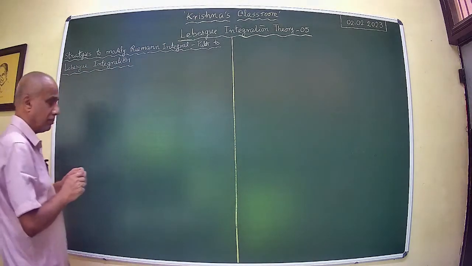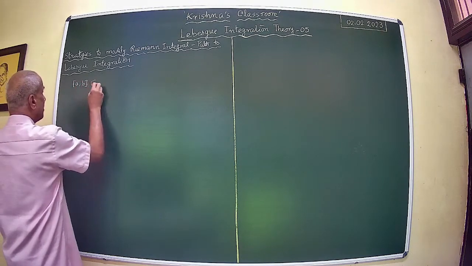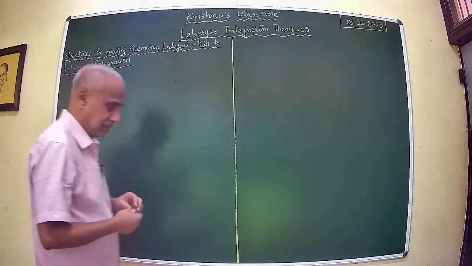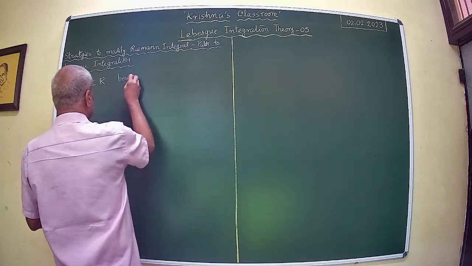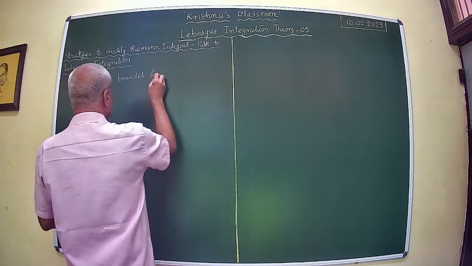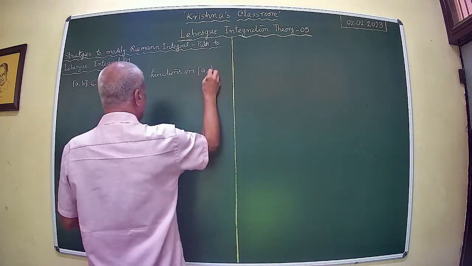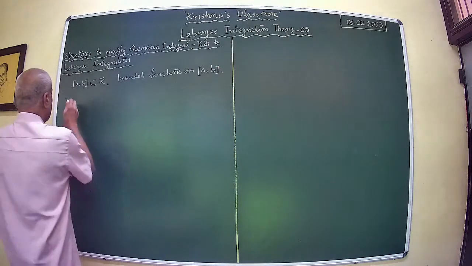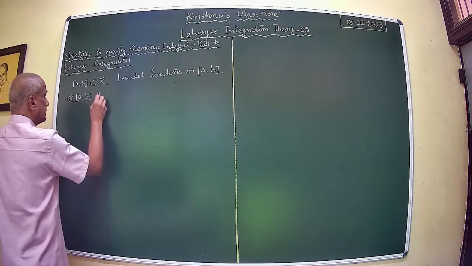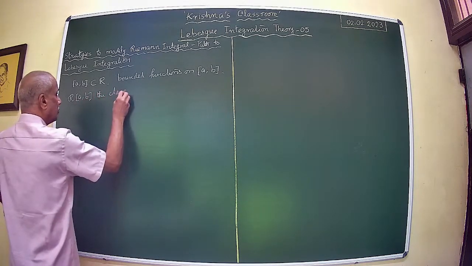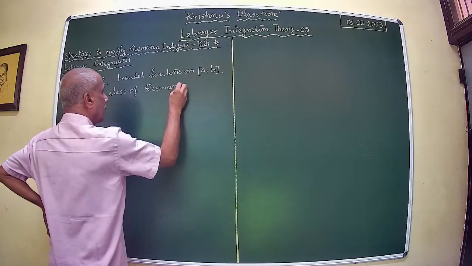So we talk about compact intervals [a, b] in R. Then we talk about what are called bounded functions on [a, b], and then we define what are called the Riemann integrable functions, R[a, b], a class of Riemann integrable functions.